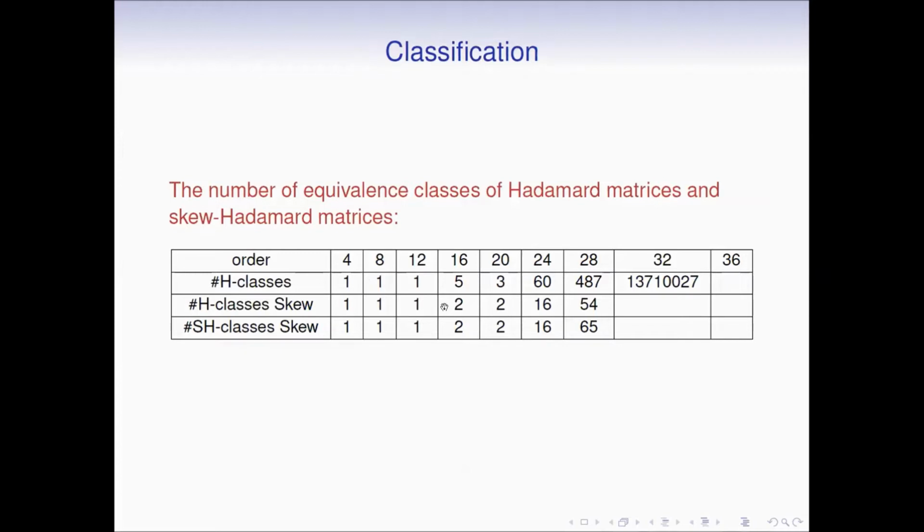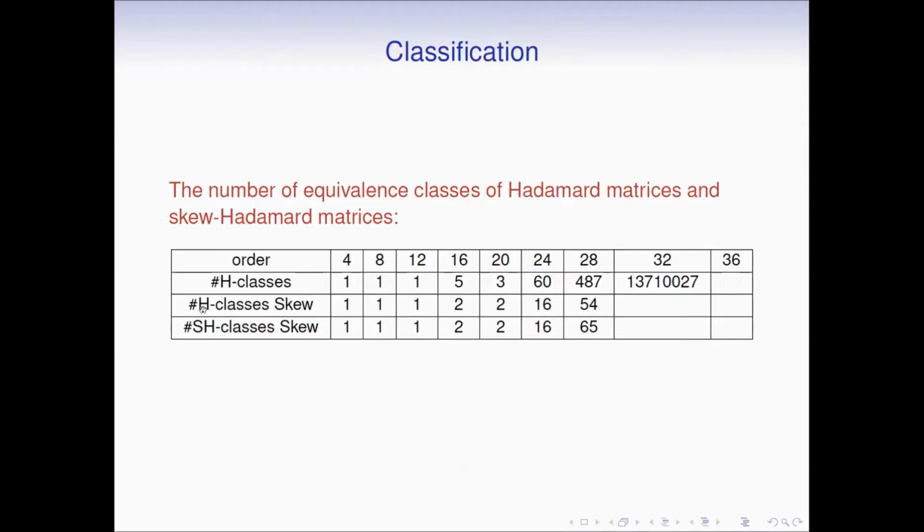So here is a table of the known results on classification. You see the order up to 36, and the second row shows the number of Hadamard matrices. Here you see, for example, in order 32, we have about 13 millions of equivalence classes. The last two rows are about Skew-Hadamard matrices.